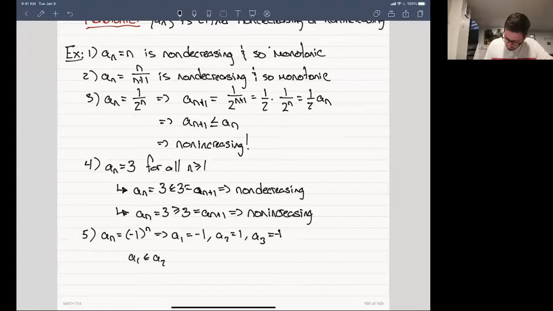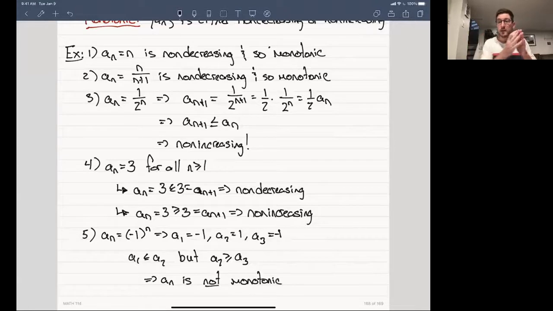But also, a2 is greater than or equal to a3. And so that would get us on the path to starting to think about non-increasing. But because a2 is involved in both of these, this implies that an is not monotonic. Right? Because it doesn't keep up with increasing or it doesn't keep up with decreasing all the way through.